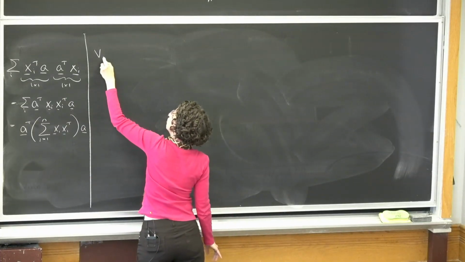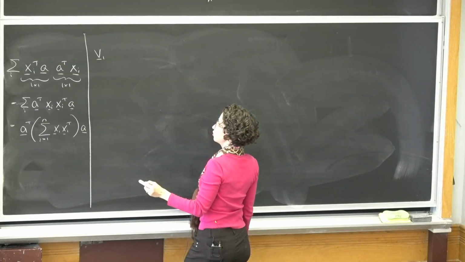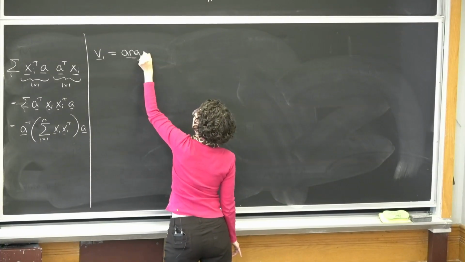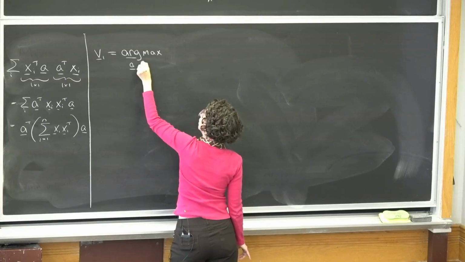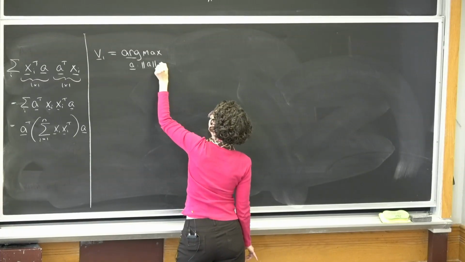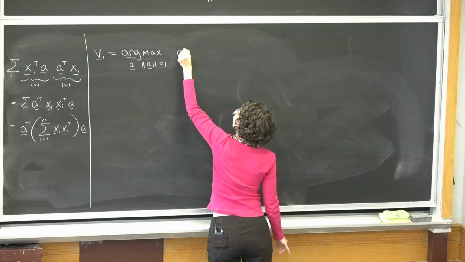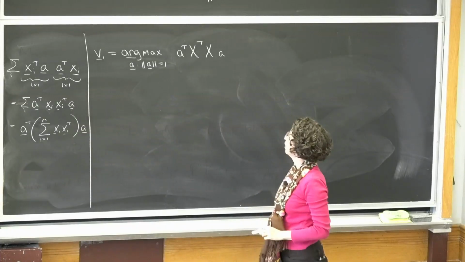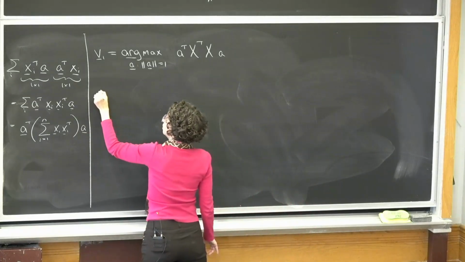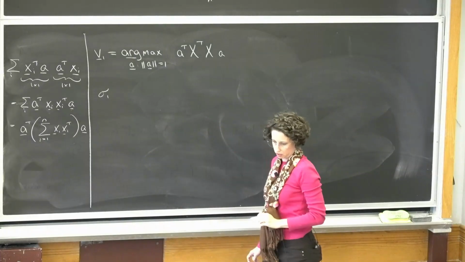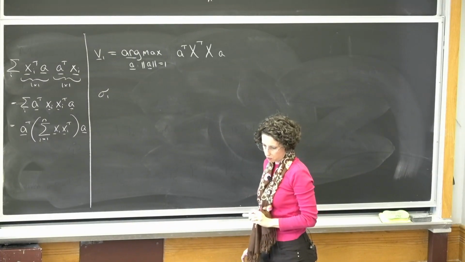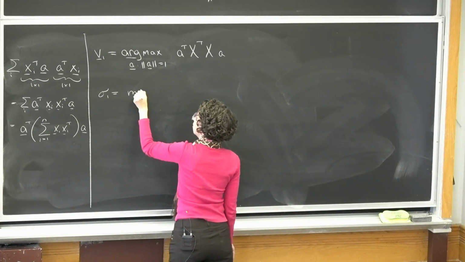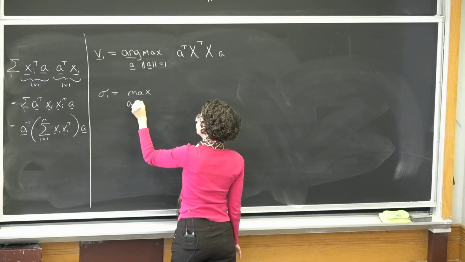Another way of saying what I wrote on the previous slide is that this first basis vector v1 is equal to the argument that maximizes, over all A's with norm equal to 1, A transpose X transpose X A. We also are going to have another variable, sigma 1, which is equal to the actual maximum value that this takes.